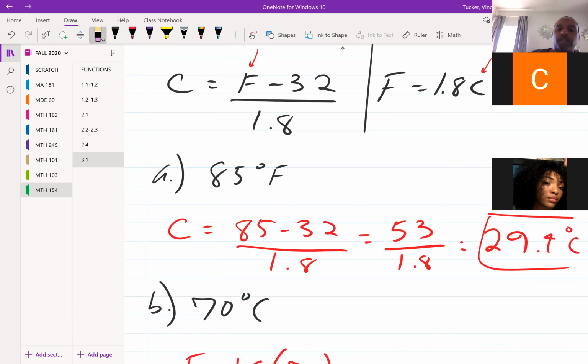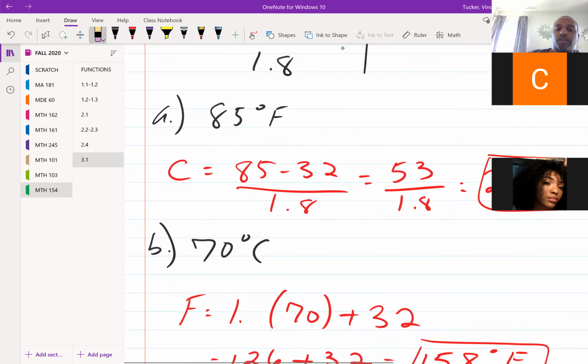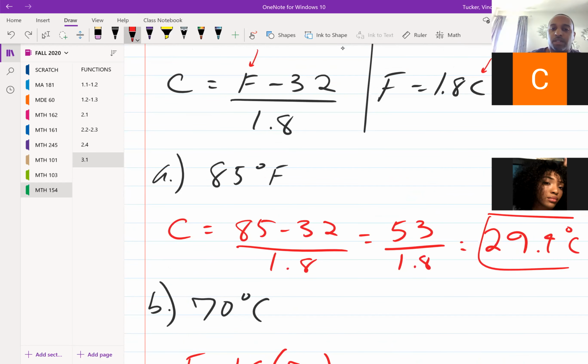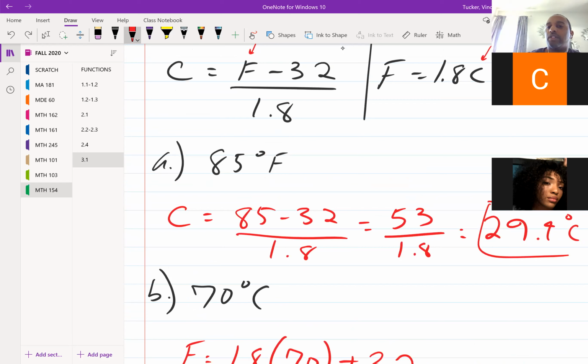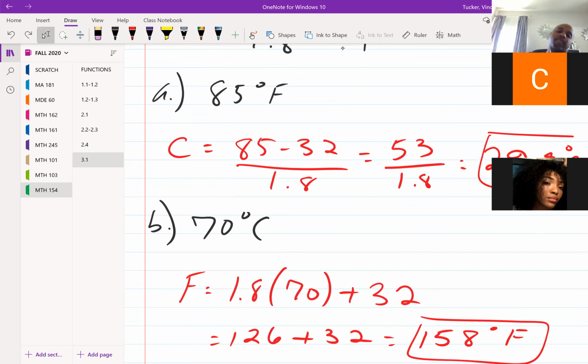Next one, we have 70 degrees Celsius, and we're going to plug it into the formula. I guess I didn't necessarily have to erase that. Okay, so plug in 70 for C, that's 1.8 times 70 plus 32. 1.8 times 70 is 126.